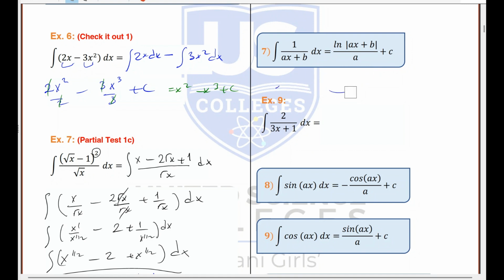Now, let's for a second consider the derivative of ln. What is the derivative of ln? The derivative of ln is 1 over x, right? The power is 1. So the integral of 1 over x will be then ln x, right?